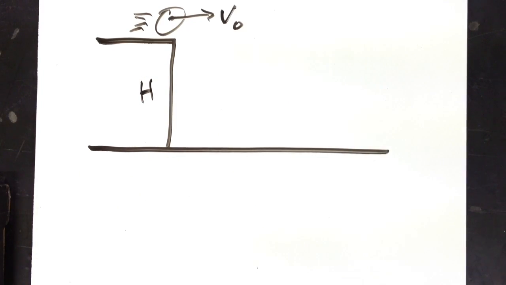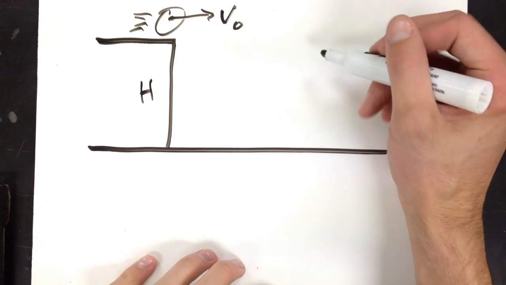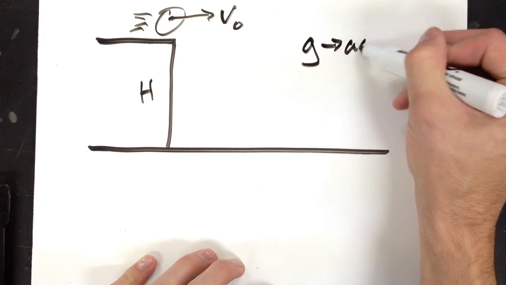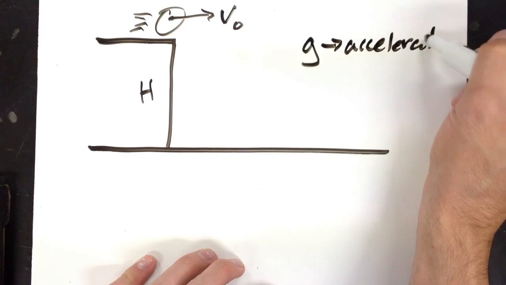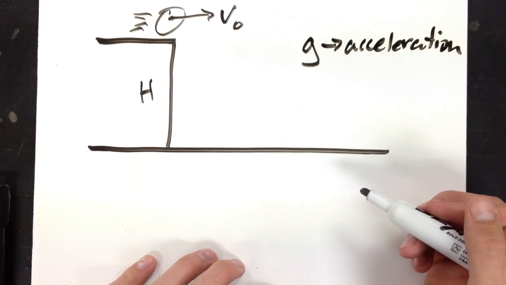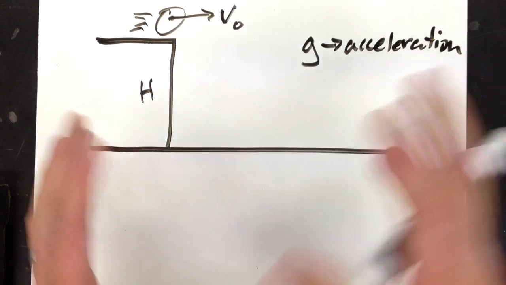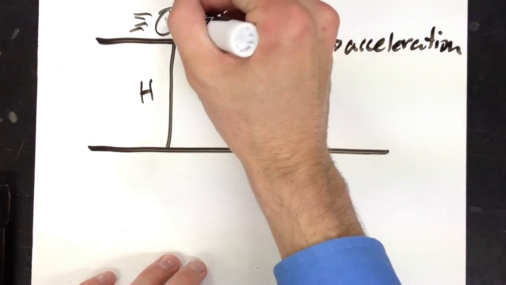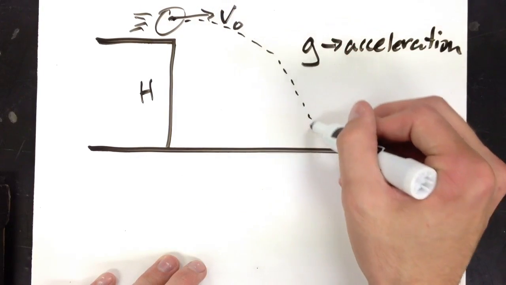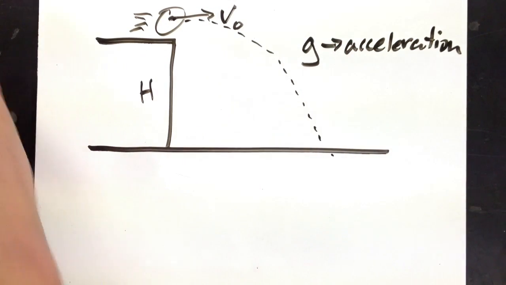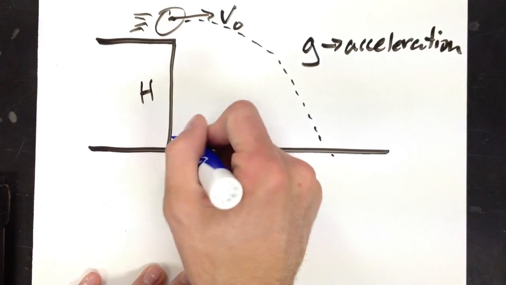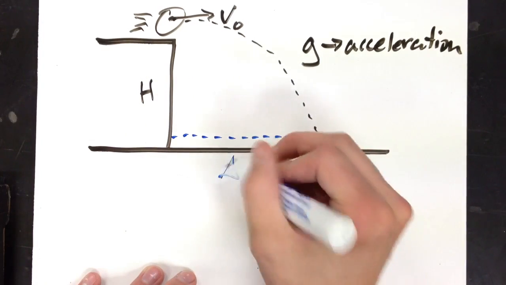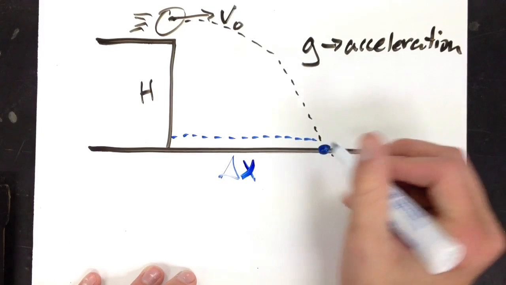Now, let's also say that we have an acceleration that is just g. So g is my acceleration, and we can make this so that we could substitute in the gravity for Earth, we could substitute in the gravity for really any planet that we have. Now, this ball is going to roll and then leave, and then it's going to traverse a certain horizontal distance, delta x, where it lands.